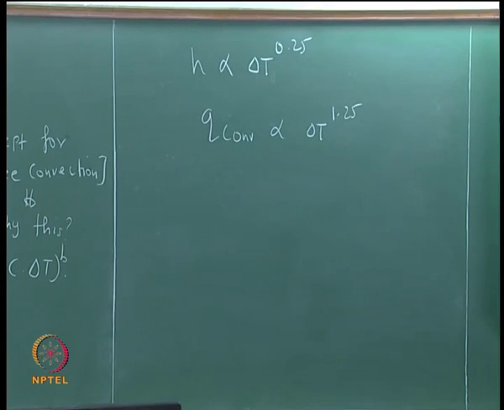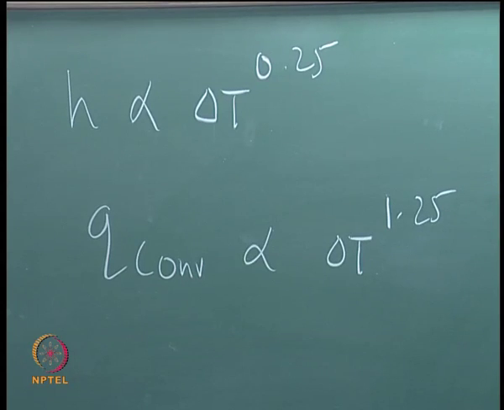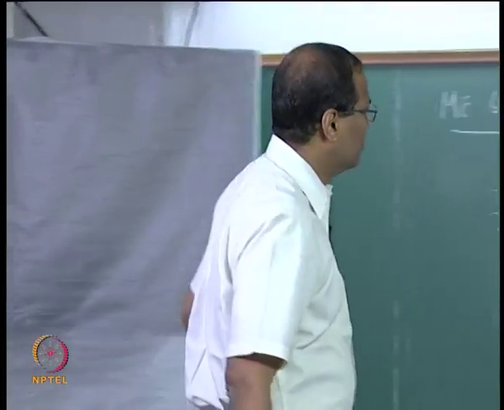So Q will go as delta T to the power of 1.25 for laminar natural convection flows. For turbulent natural convection flows it will go as delta T to the power of 1.33, okay, fine.